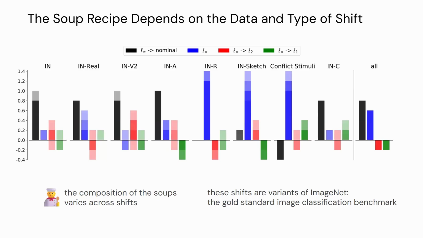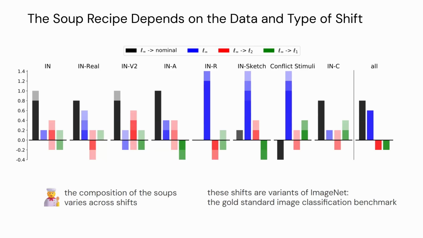So let's talk about this shift. Cue-conflict stimuli is a benchmark where the texture, like a shirt or carpet or whatnot, disagrees with the shape. So you have a cat made of metal, like a car, or you have a car made of fur. The true class is the shape. Existing work has shown that many deep networks are biased towards texture when you do standard training.